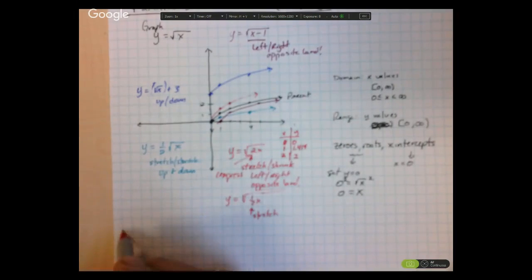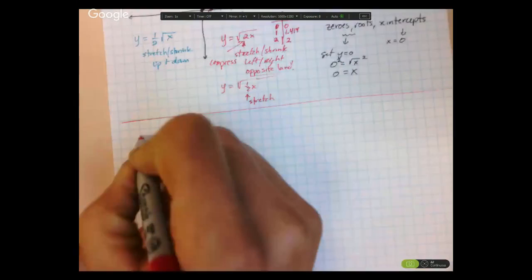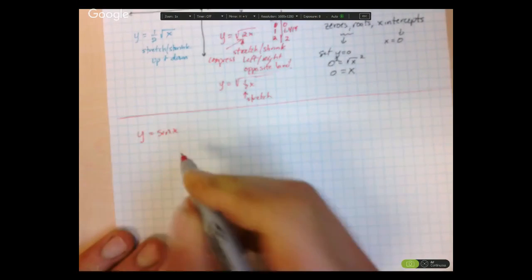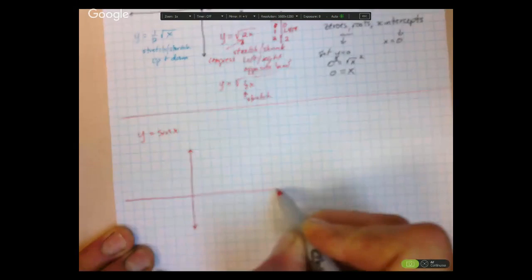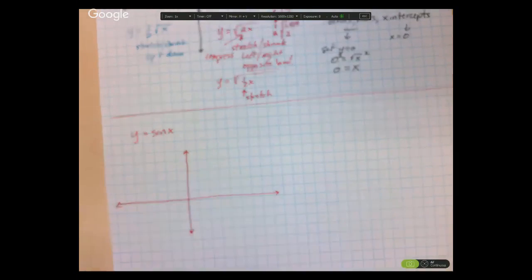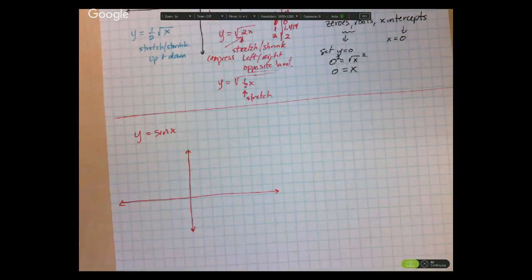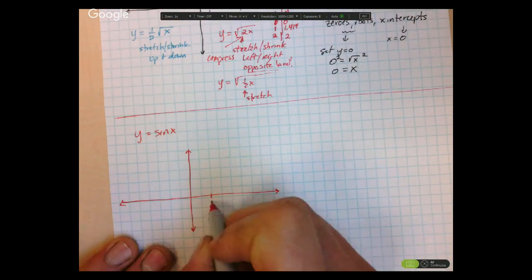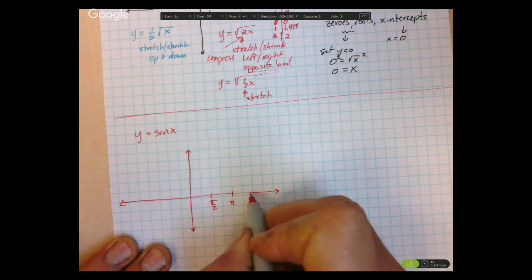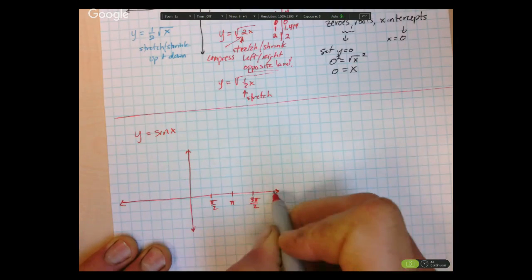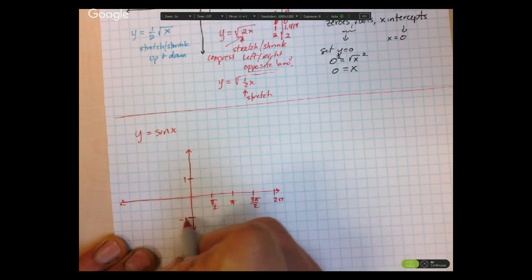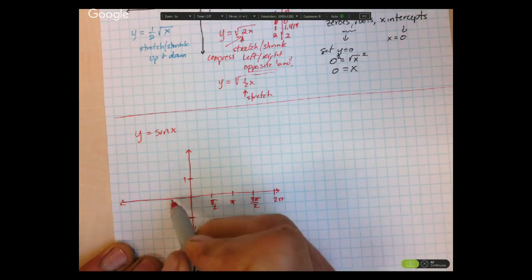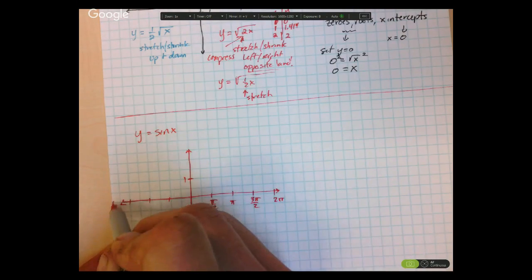I hope you already have these memorized, but if you don't, sine and cosine this year are probably going to be strictly in radians, real numbers. So we're going to use pi as our reference. And again, they go from 1 to -1. It is periodic, so it will repeat.